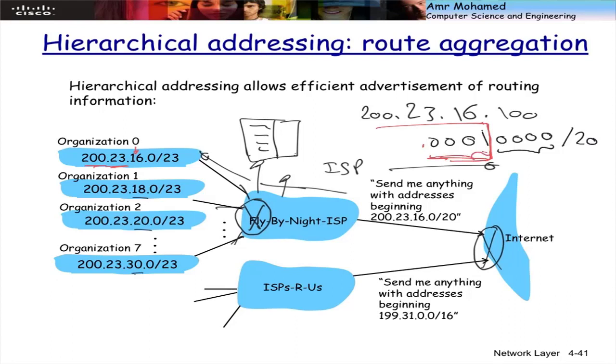Regardless of these 4 bits, the address will match the /20, because /20 needs a match up to bit number 20. Anything after 20, I don't care, it will match anyway. So 16, 17, 18, 19, all of them match this address.